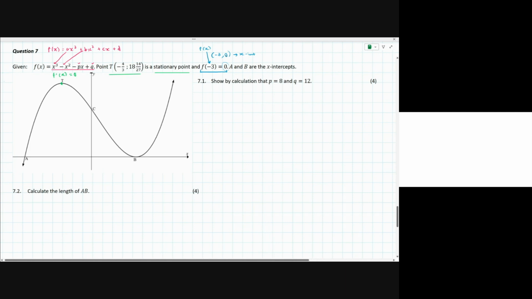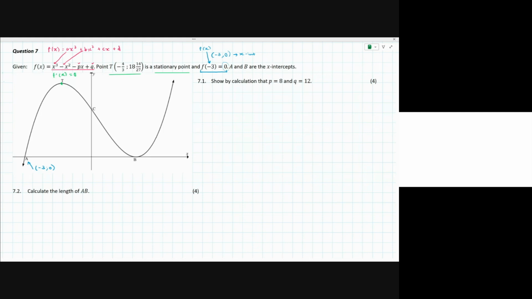And if you go and have a look at your graph, you've got an x-intercept on the negative x-axis and an x-intercept on the positive x-axis. Because this is a negative x-intercept, we can say that A has a coordinate of negative 3, 0. So the function notation is really important. It's important you understand what it's saying to you because this gives us information that could potentially help us.